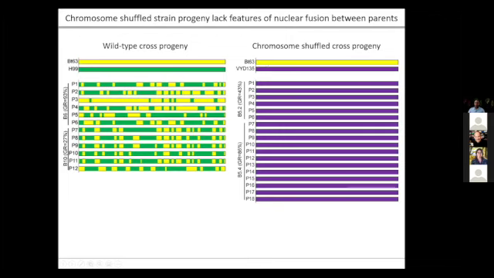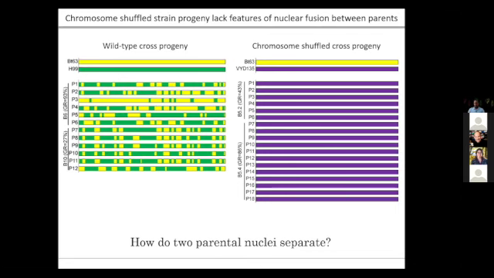There was no trace of the BT63 genome in any of these progeny, suggesting that the two genomes never mix with each other. So probably one of the parental nuclei is left behind at a much earlier stage, before it even develops into a basidium. And that raised the question, when does this happen?